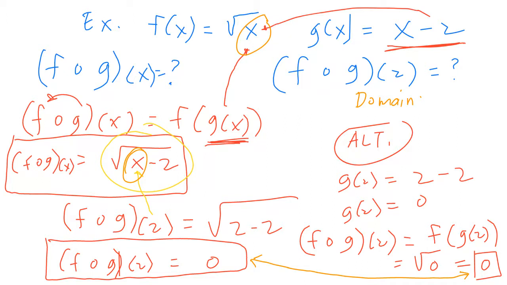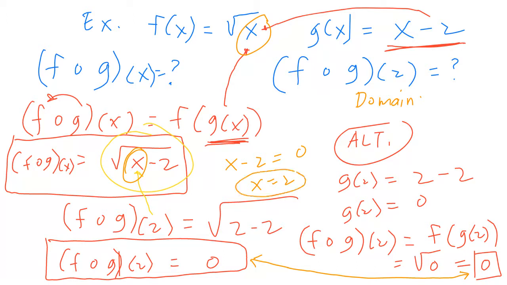You're going to check that by setting the radicand equal to 0, and it means that x is equal to 2. That's the smallest value that you can assign.